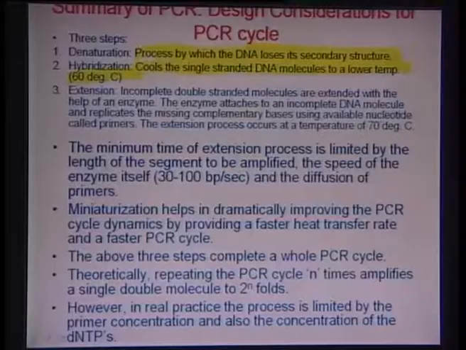So some design considerations for the PCR reaction itself: if you look at the time scales of the various cycles, the denaturation, and the hybridization or annealing cycle, then the process is really rate limited by the way that the enzyme stitches the different base pairs and makes a complete DNA strand.